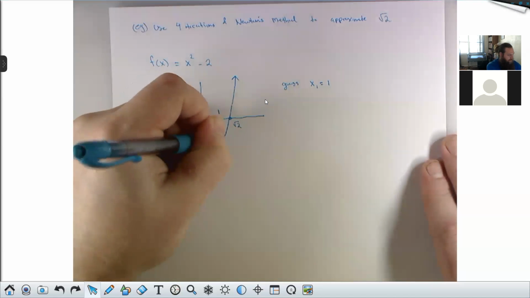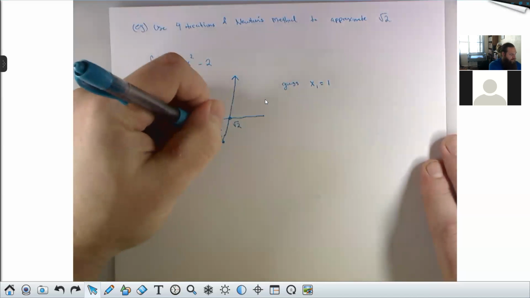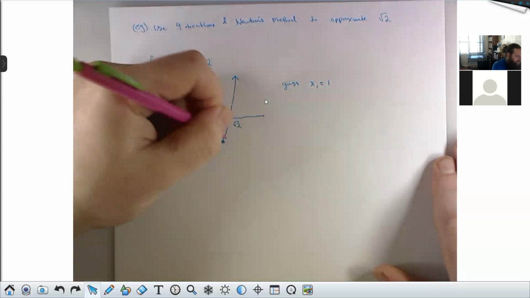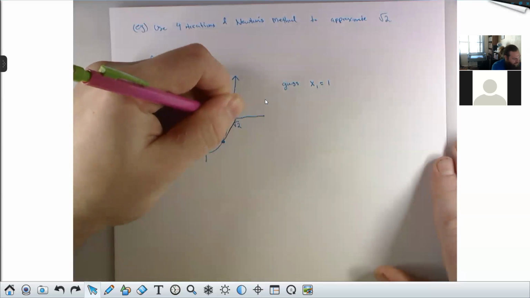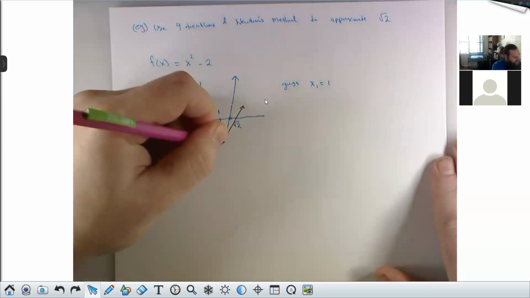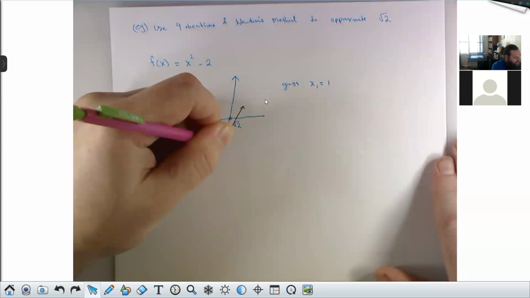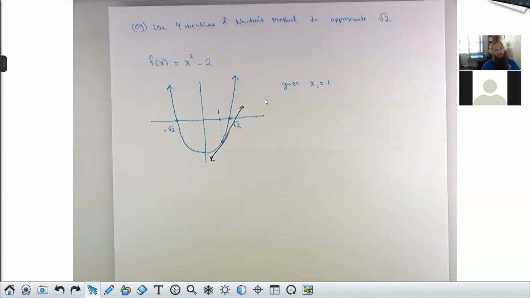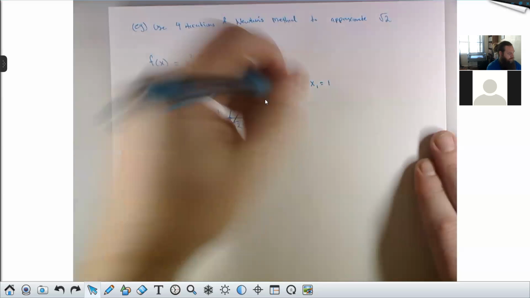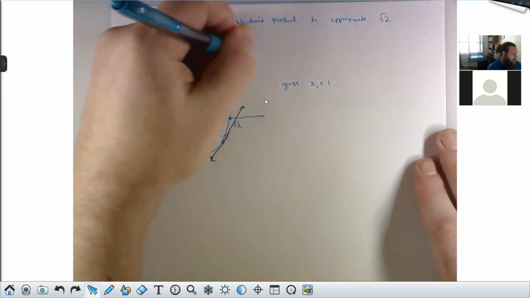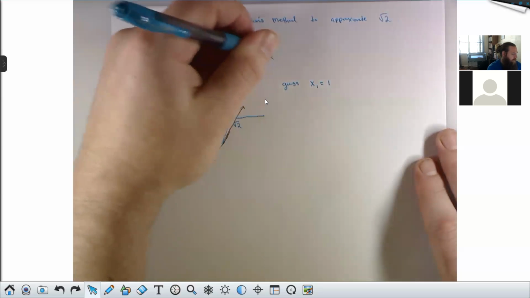And then we look at the tangent line to this function, and we see where that tangent line hits the x-axis. That would be my second guess, x2. And all that formula does is it tells you the root of the next tangent line. So if f of x is x squared minus 2, then f primed of x is 2x.